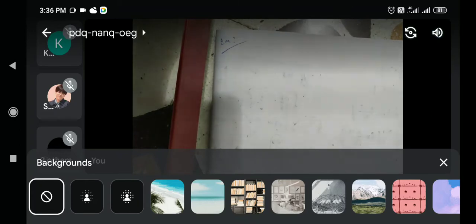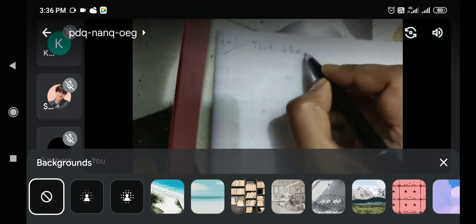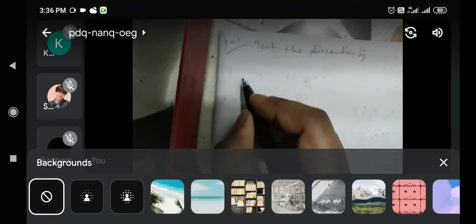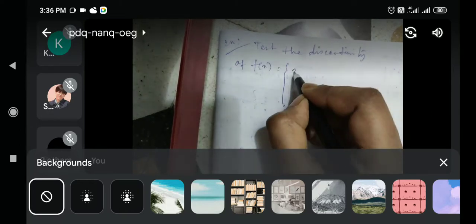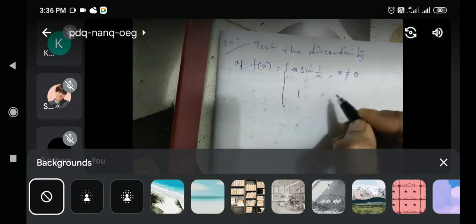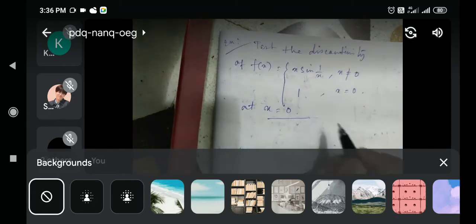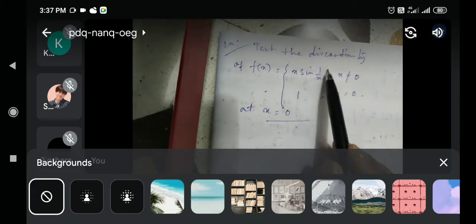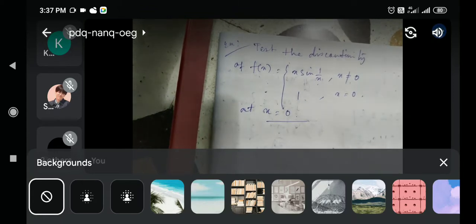Example, test the discontinuity of f(x) = x sin(1/x) when x is not equal to 0 and 1 when x equals 0.